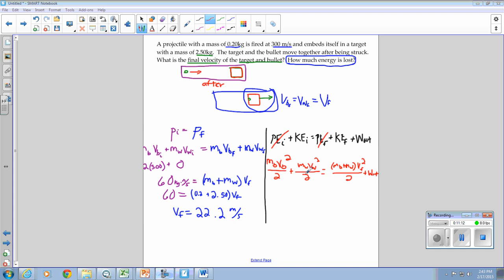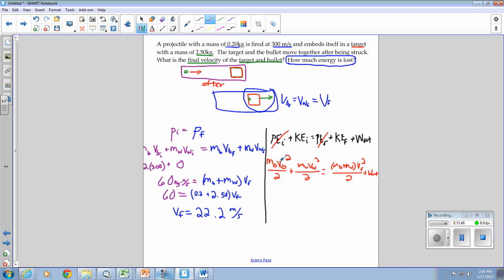So writing out what I said, mass of the bullet times velocity of the bullet initial squared over 2. I'm sorry, that's the bullet. This is the wood block, the target. I'm using wood block as the target. Plus the mass of the wood block times its velocity squared over 2, and that equals the mass of the bullet plus the mass of the wood block times the velocity final squared, which we solved over here, over 2, plus the work out.